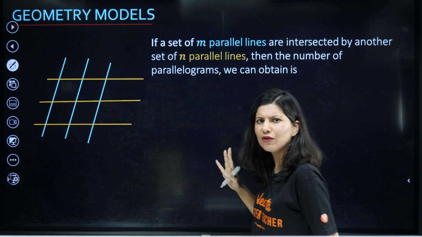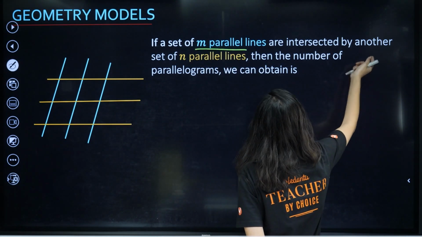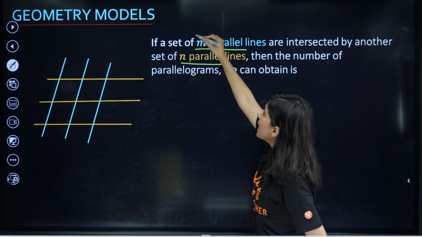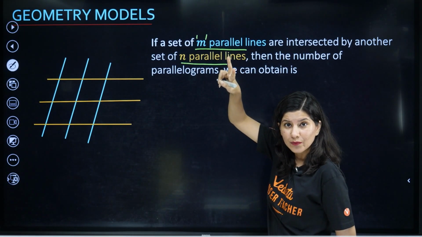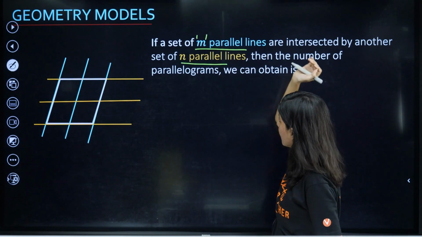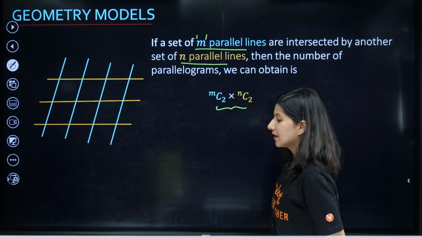That's it, 4 lines. So a set of m parallel lines is intersected by another set of n parallel lines. Out of these m, you need 2, and out of these n, you need 2 more. So MC2 multiplied by NC2, this will be the answer.